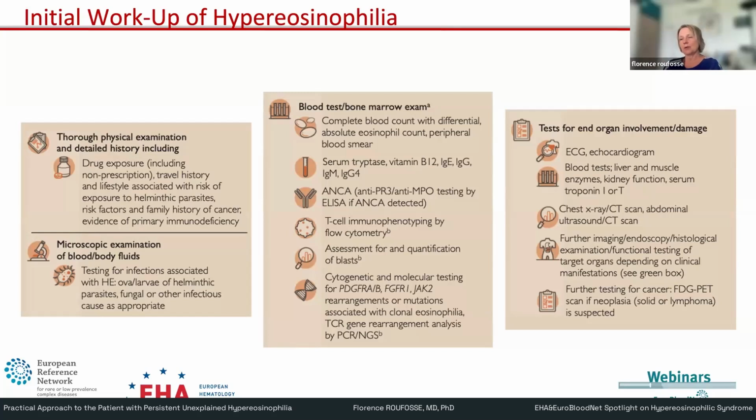And as I said earlier, given the importance of underlying cancer in these disorders, it's pretty common to perform an FDG PET at some point to be able to detect lymphoma, but also adenocarcinoma of the lung or the digestive tract, amongst others. So this is a very, very extensive set of tests, obviously. Some of them are not always absolutely necessary, and they'll be performed on the basis of patient complaints.